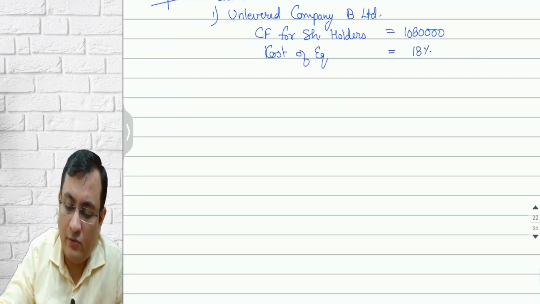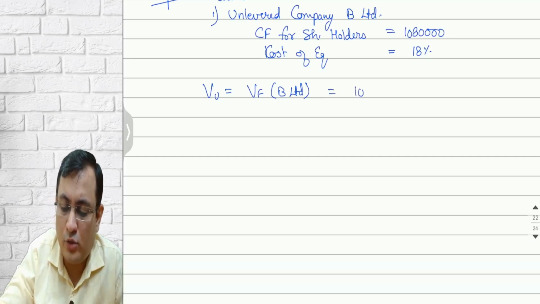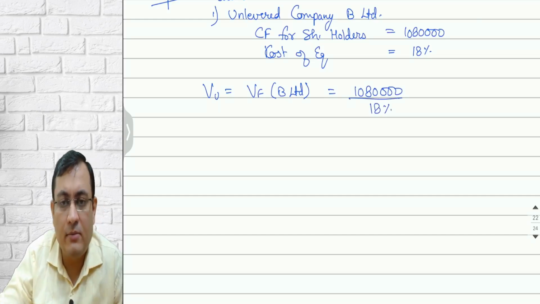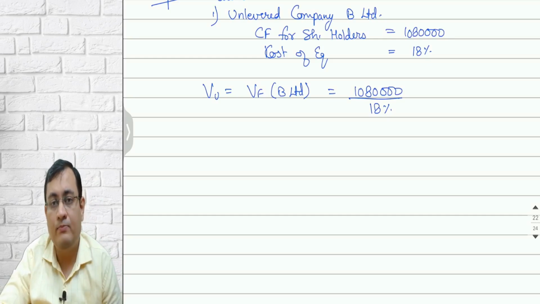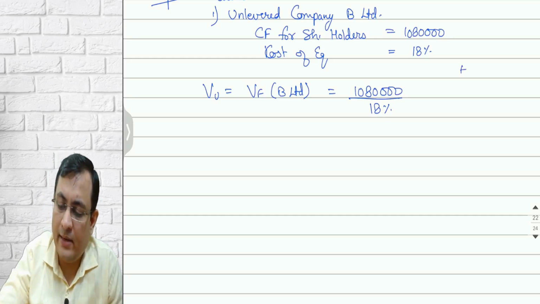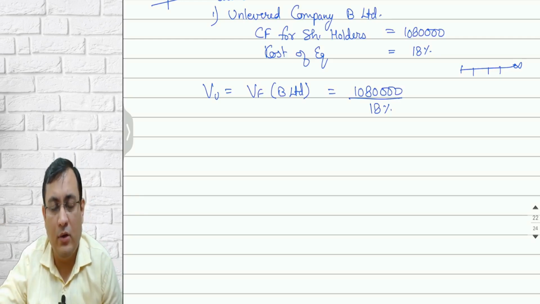So in this case, value of firm B Limited, that is VU, unlevered, is equal to 1080000 divided by 18%. We are using the perpetual constant cash flow model of time value of money, assuming that this 1080 will be received till infinite, the same constant amount. So we are discounting it to T0 to find the value of the series.